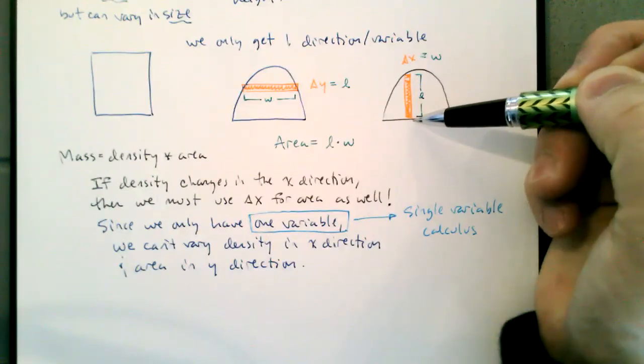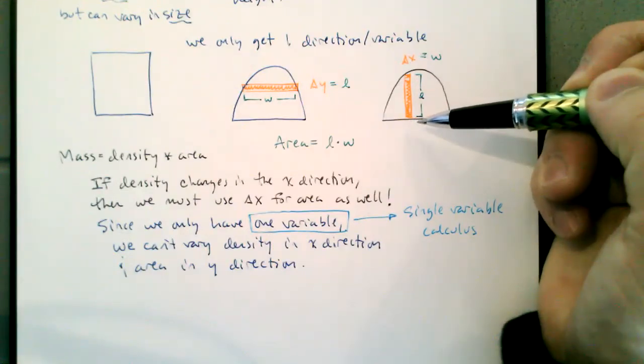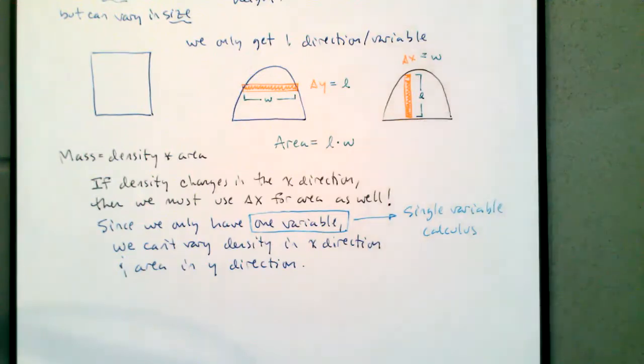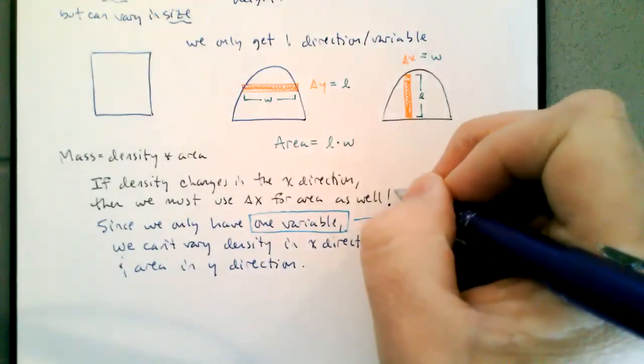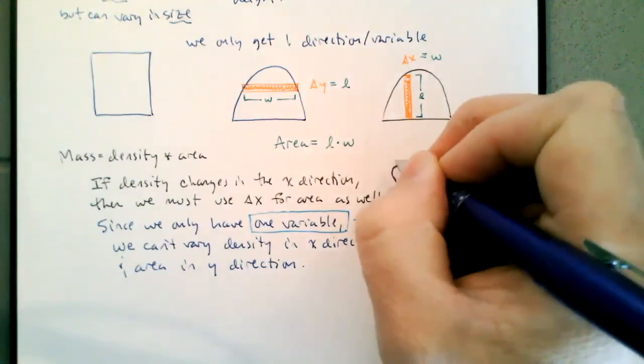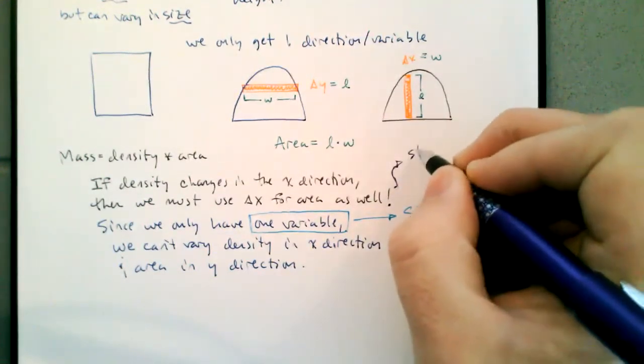It changes a little bit with the delta x, but if delta x is small enough, it doesn't change that much. So this is why I also keep repeating the thing, we slice where things are constant.